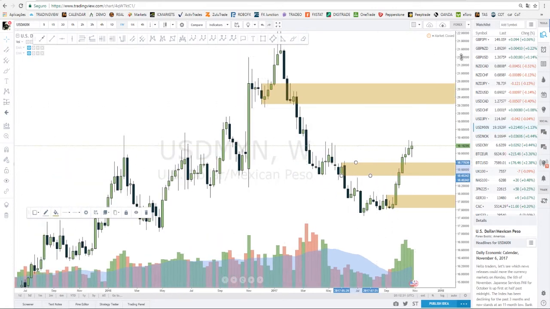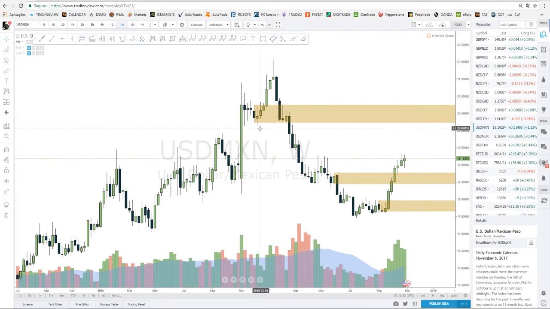Okay, so the support and resistance levels are not the extremes, because the extremes were where all the orders were taken out. So that's not really support, because the manipulation was done down here. This is not resistance, because manipulation was done down here.